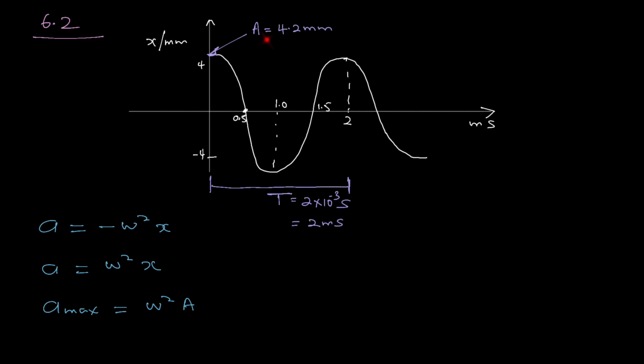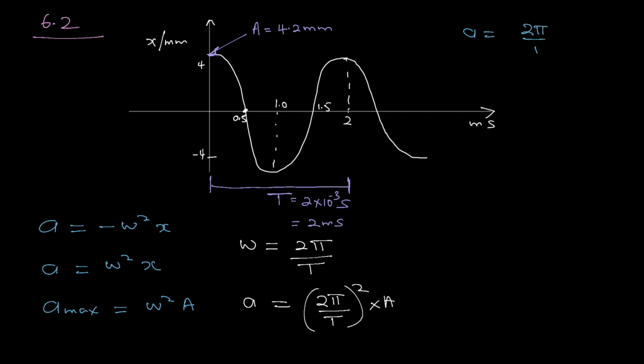Omega is equal to 2 pi over T, and therefore a will equal (2 pi over T) squared times A. So a equals (2 pi over T) squared times 4.2 times 10 to the power minus 3. The 4.2 is the amplitude, that's what A is.